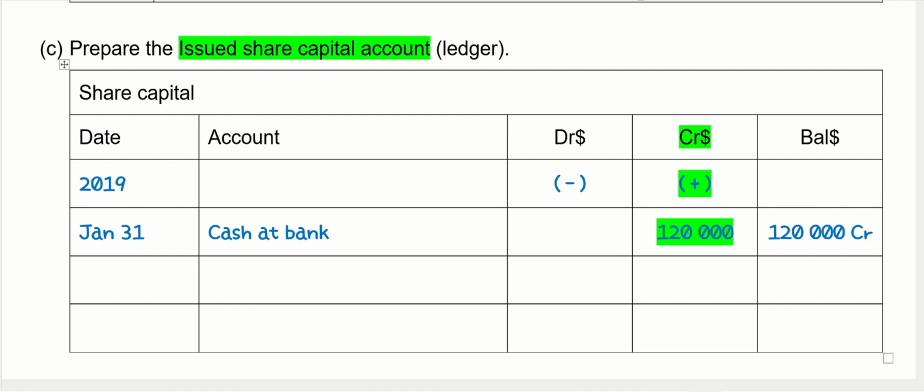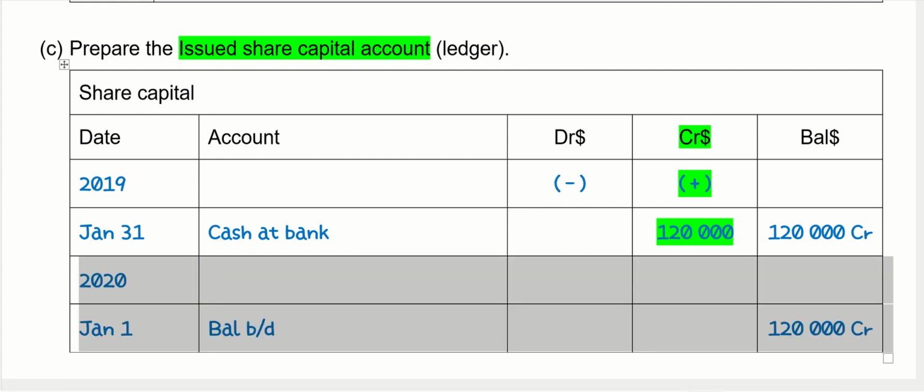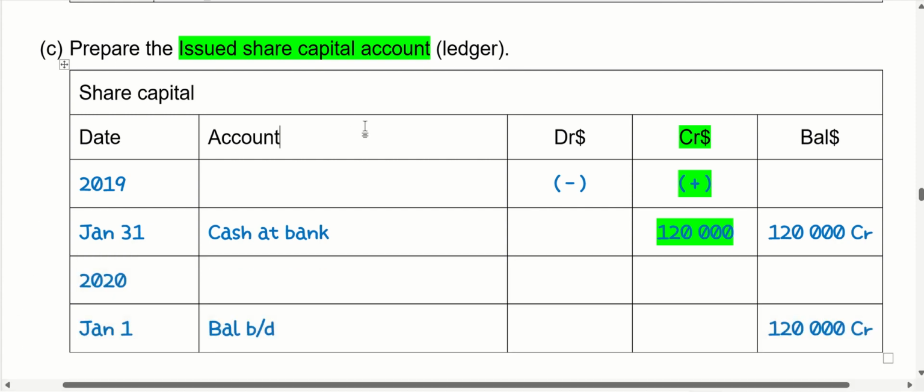The other account affected is cash at bank. I received cash at bank. If I read through the question, nothing else has happened this year. So all I need to do is to close the account, 2020 balance brought down. Now you can pause and copy.